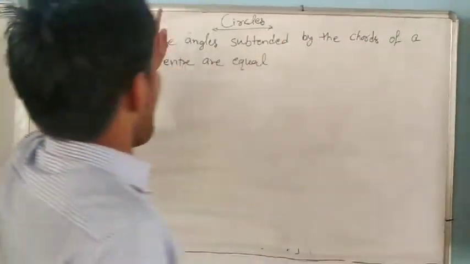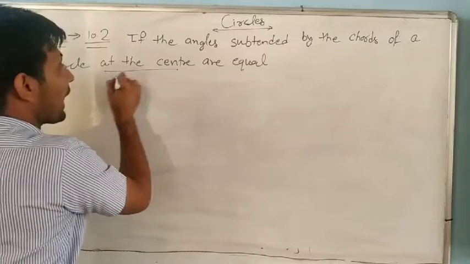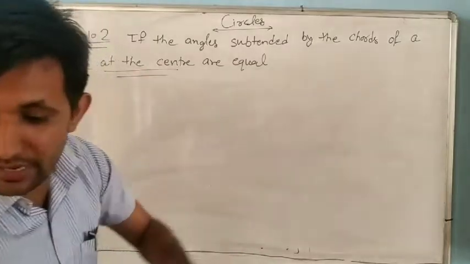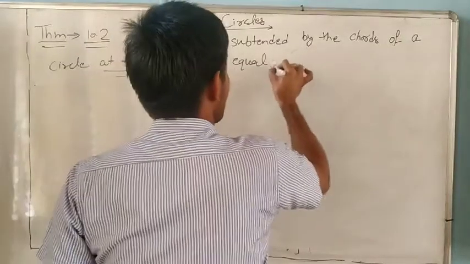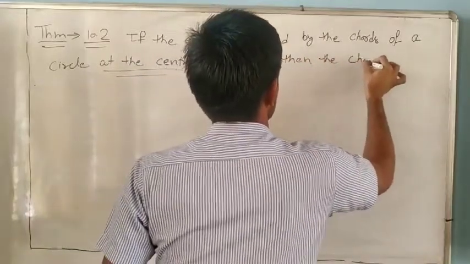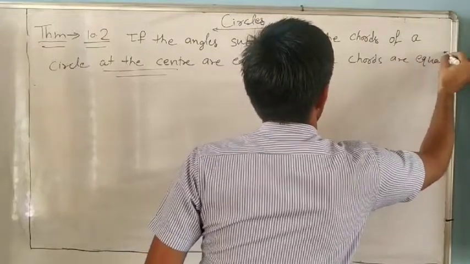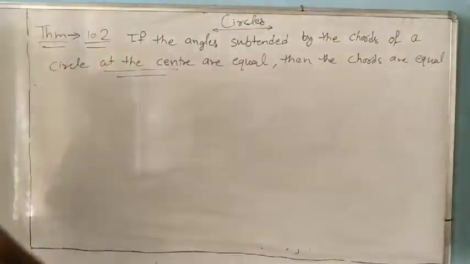Now the angles at the center are already given equal. Then we have to prove that the chords are equal.